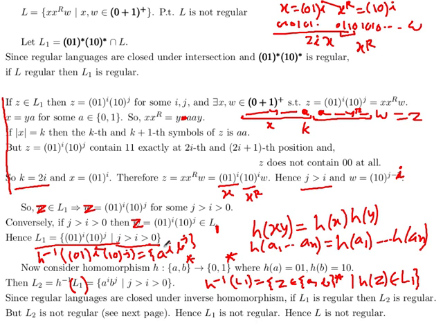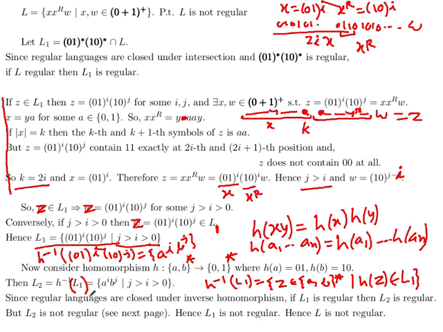So H inverse of the whole language L1 gives just a to the i b to the j, where j is greater than i and i is greater than 0. Okay.